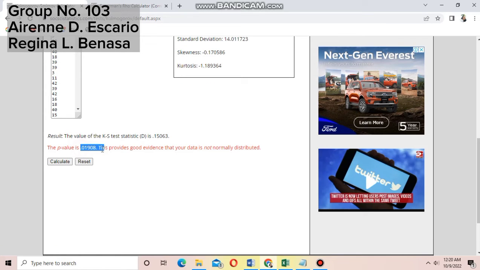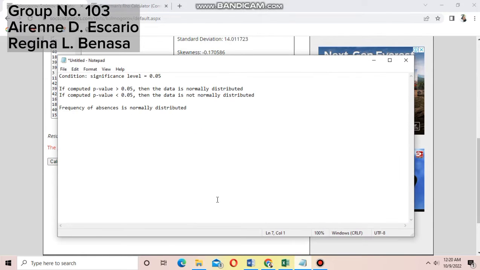The probability value for the PD score using the KS test is equivalent to 0.01908. This value is less than 0.05, which means that the periodic test score is not normally distributed.